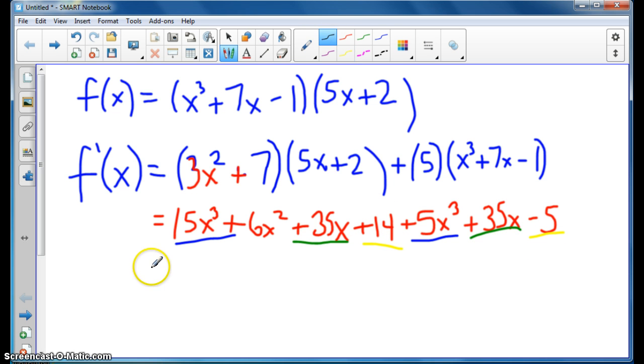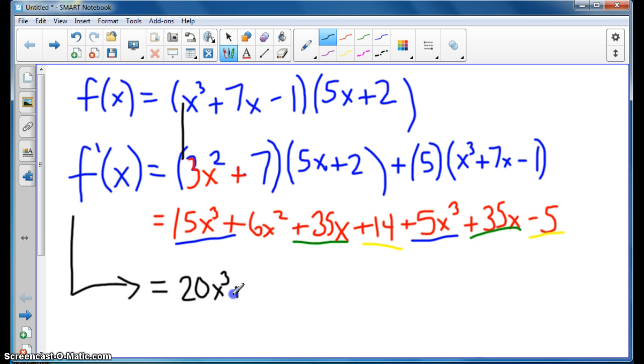So when we rewrite the simplified version of our final derivative, we've got 20x cubed, because we are combining the two x cubes.